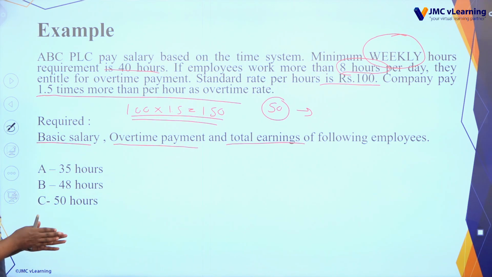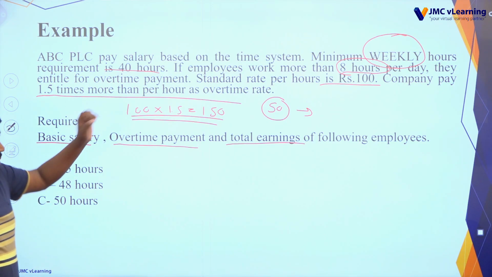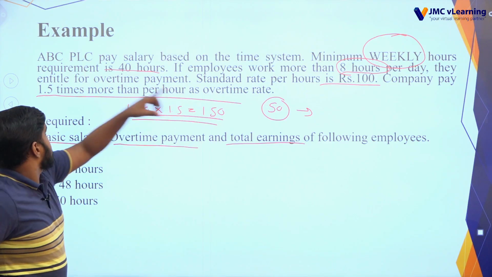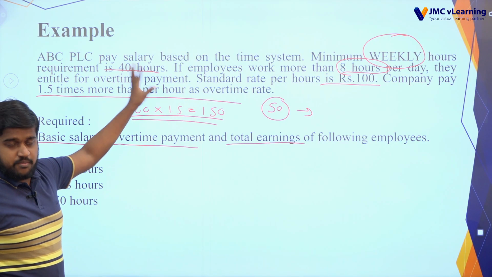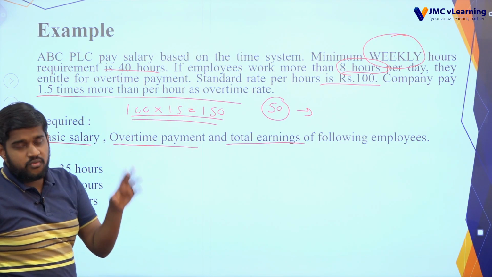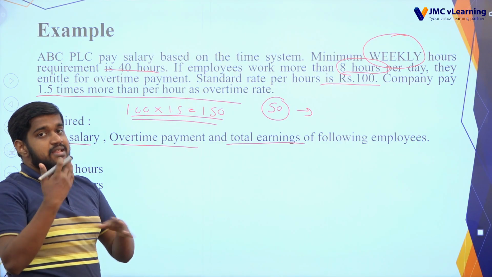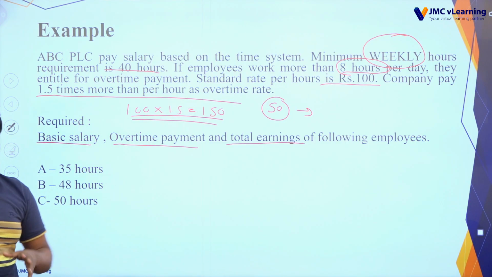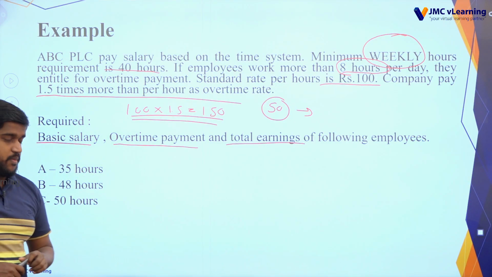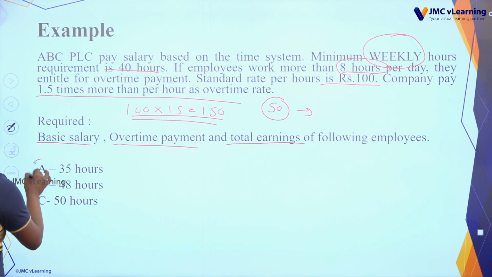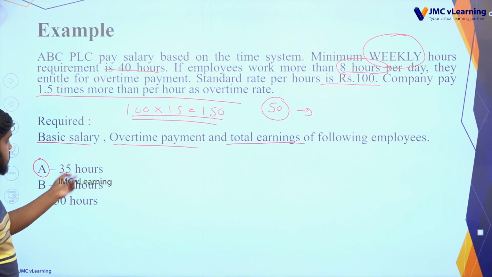First, let's see whether these employees are entitled or not for overtime payment. As per the company requirement, their minimum weekly hours requirement is 40 hours. That means if some employee works more than 40 hours per week, then this employee is entitled or eligible for overtime payment. Then when you come to employee A, he worked 35 hours.